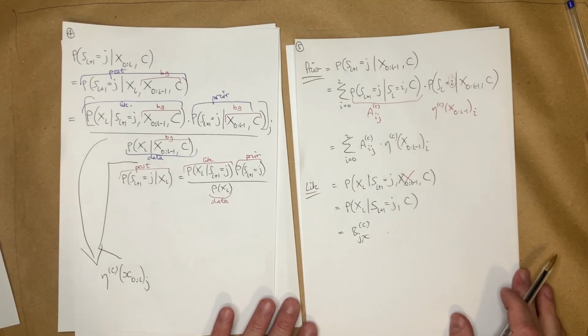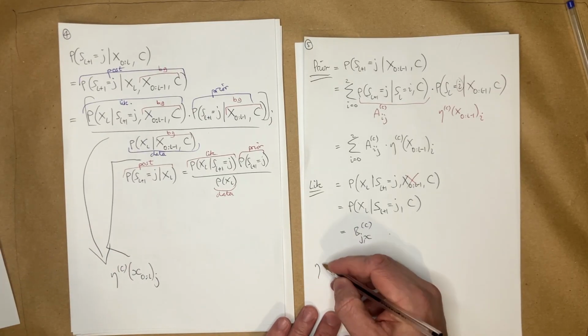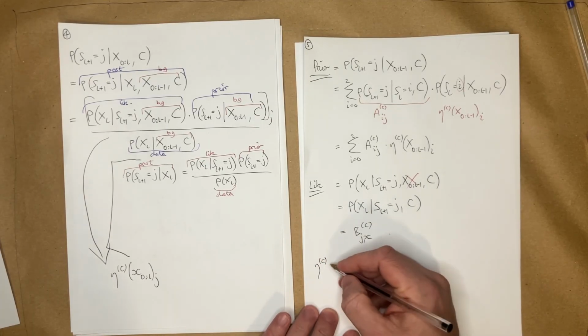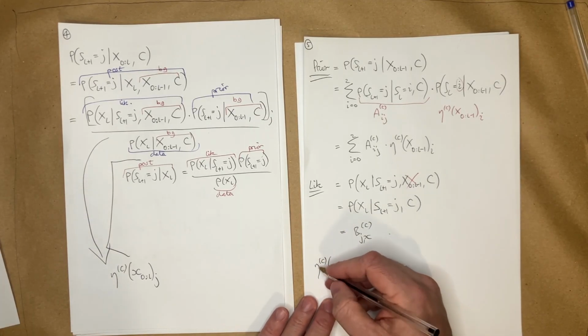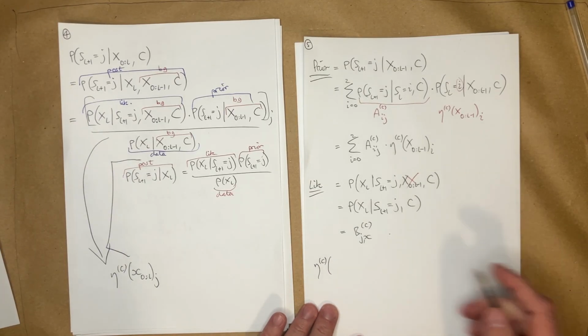So let's write down Bayes' theorem, but now let's try to write it down in a compact form that really captures what's going on. So we have our eta, which is the prediction of the hidden state on the basis of the tokens up to that point.